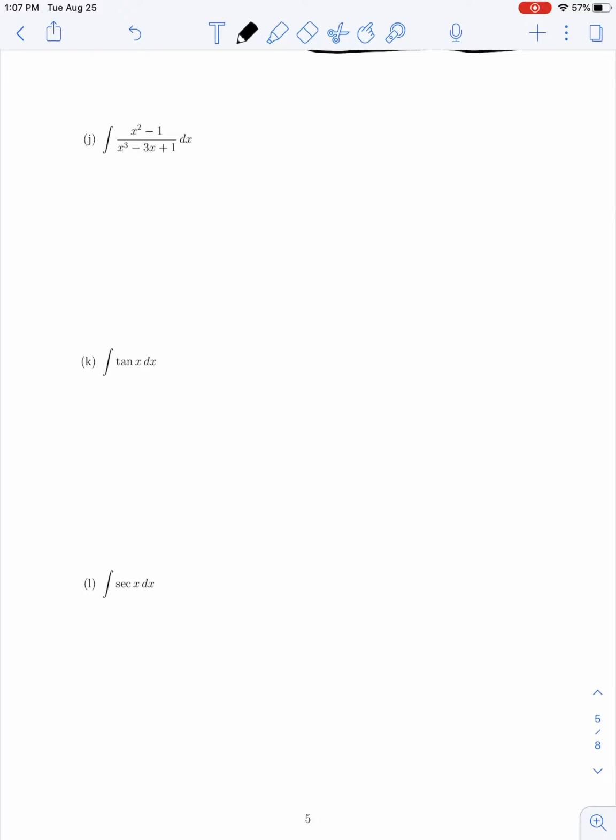In part J, we have an integral of a rational function, that is the quotient of two polynomials. And we see that it doesn't involve a composition, so it's not obvious immediately that we should try a substitution. But if we keep in mind that substitution can be used to handle quotients sometimes, we could do the following.